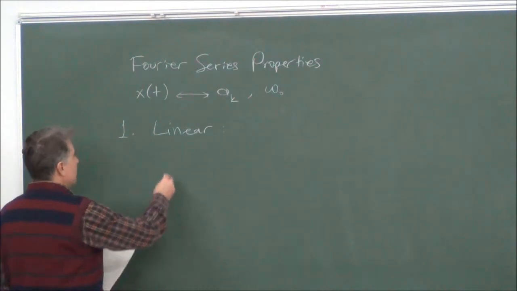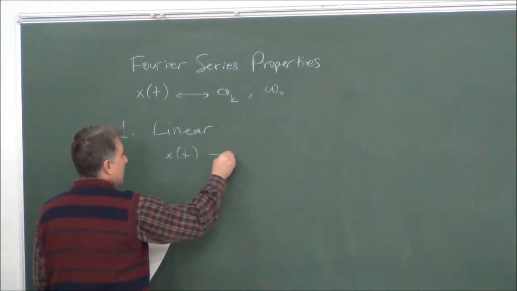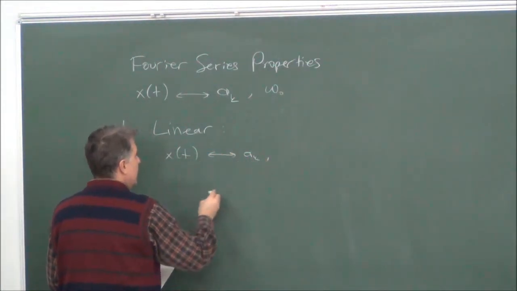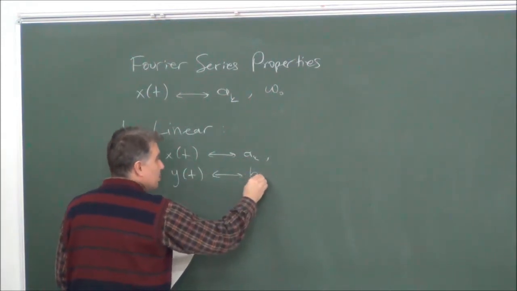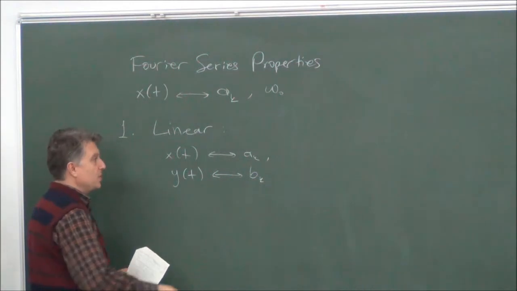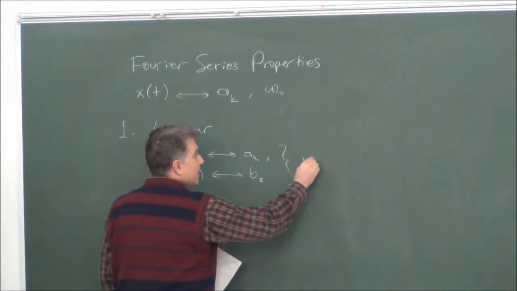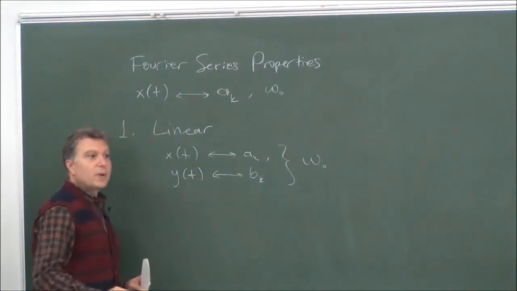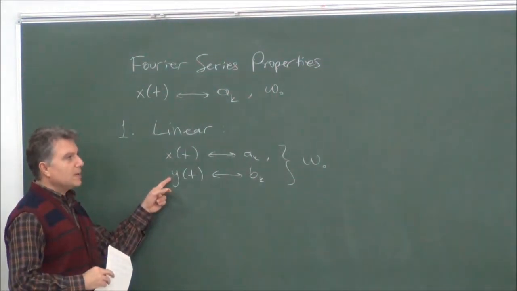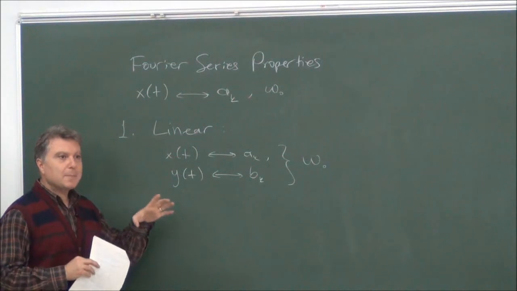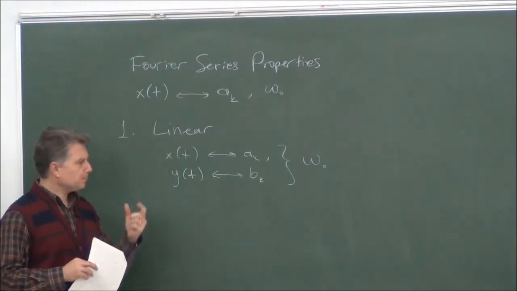What I mean is this: if x of t corresponds to ak and y of t corresponds to Fourier series coefficients bk, some other set of coefficients, and they have a common frequency omega 0. This is very important. These two must correspond to the same period or the frequency.